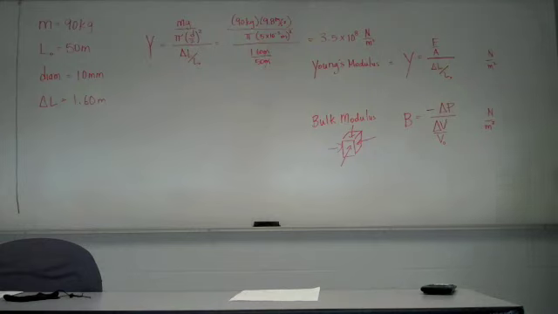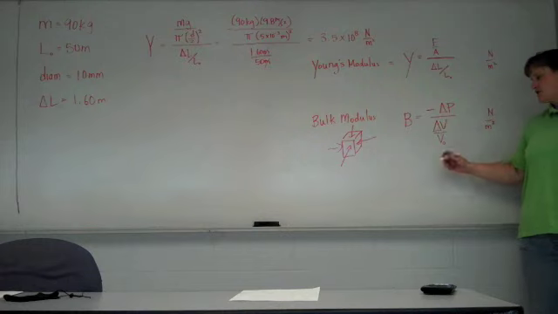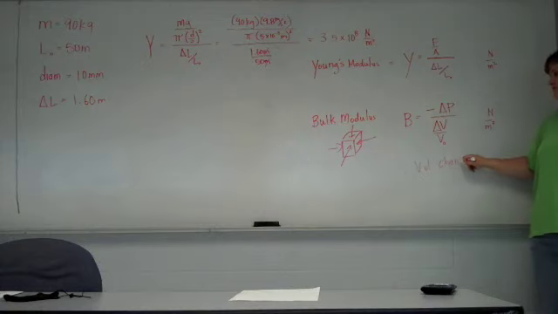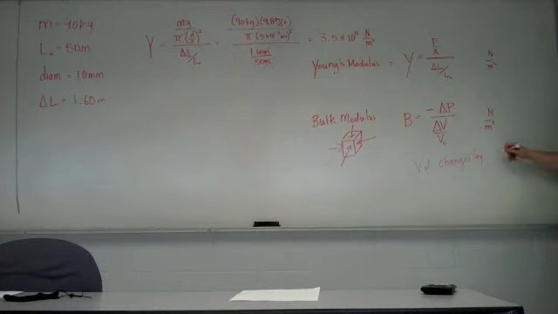If I remember correctly, you have a problem on your homework that deals with the bulk modulus, where it tells you that the volume changes by a certain percent. I'll make up a value. I don't know what it says. So let's say the volume changes by 1%.